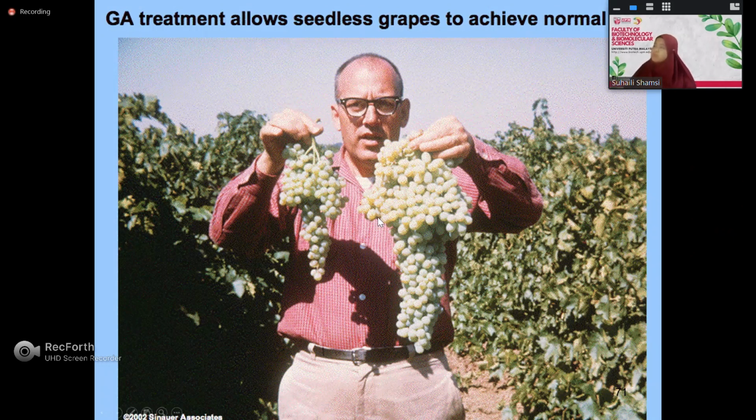And it works together with auxin to induce what we call parthenocarpy, which is production of fruits without fertilization. So no seed in this fruit here. It can be in grapes, cucumber, tomatoes, and so on and so forth. Right? So in Malaysia we have seedless guava, all right?